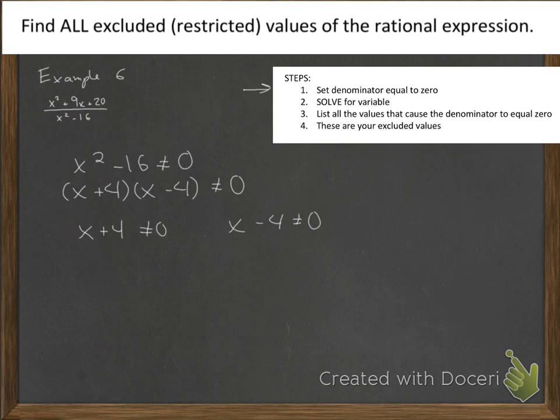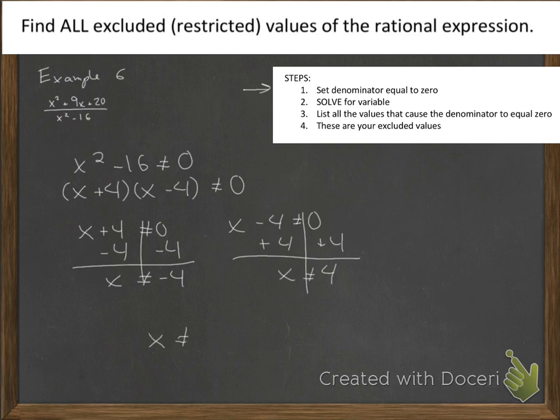These are things that can never happen, not things that could or should happen. Okay, so we have either x cannot be equal to negative 4, or of course x cannot be equal to positive 4. So we can just list them here, separated by a comma. So we could say x cannot be equal to negative or positive 4. So again, in this example, you would have not 1 but 2 excluded values.